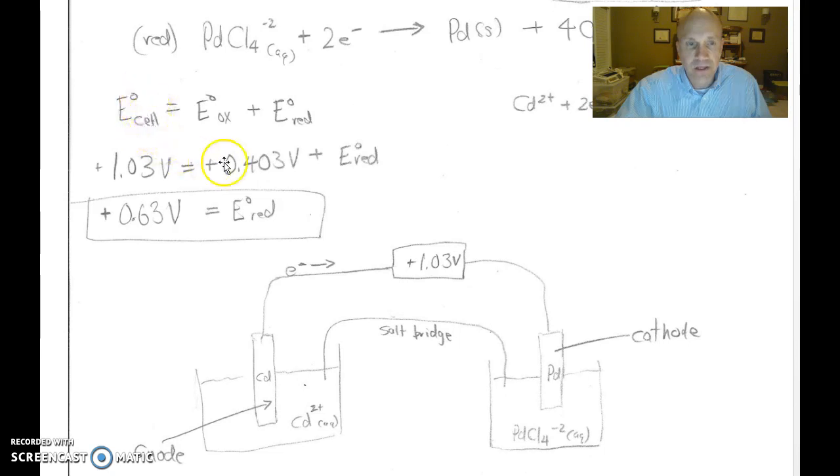So in order for this to be the actual voltage you would get, remember, you would have to have 1 molar concentration of cadmium ions here and 1 molar concentration of these, I guess palladium tetrachloride ions, in this solution right here.